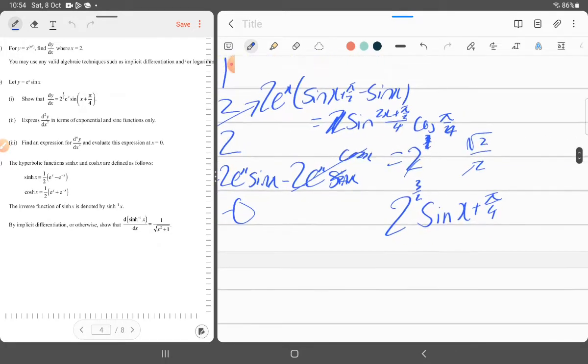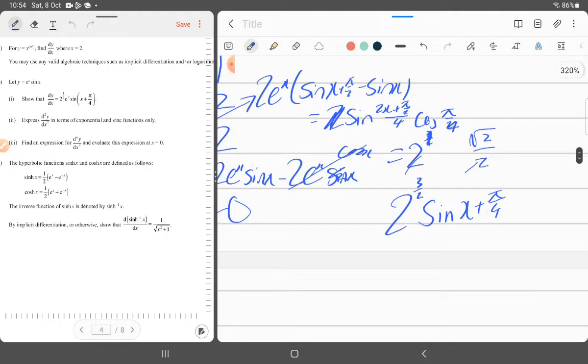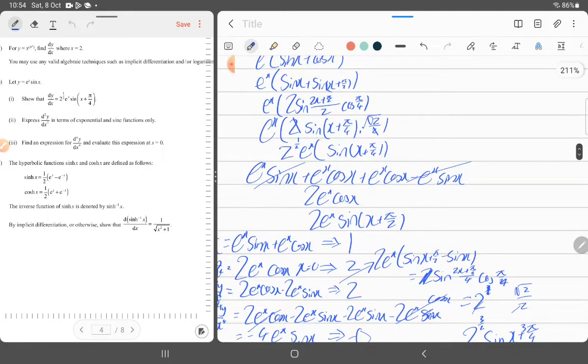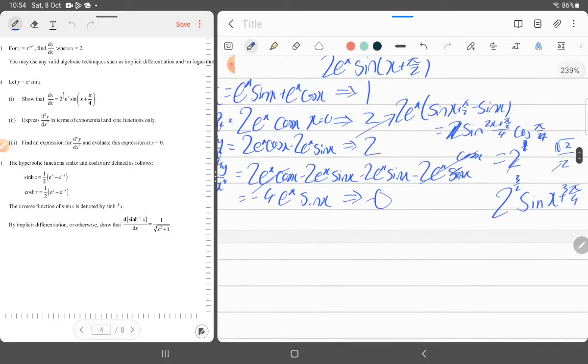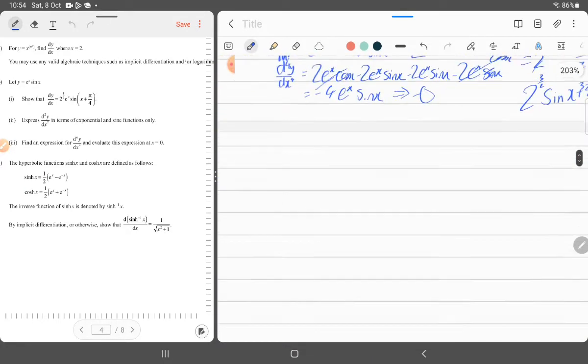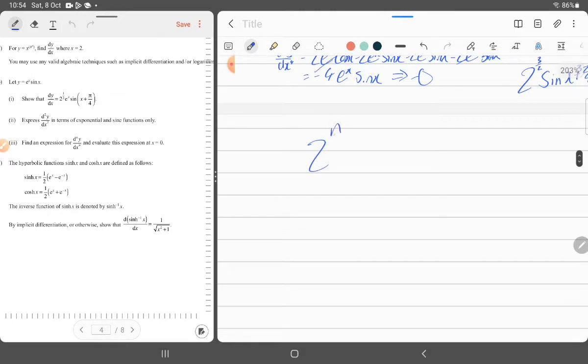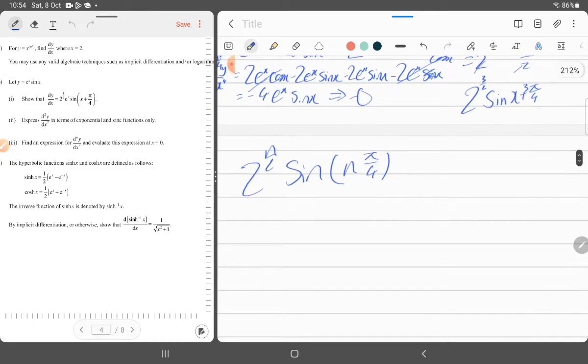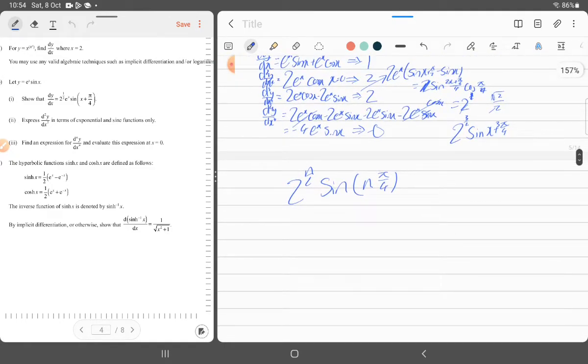Right, surely it turns into 3 pi over 4, because here to here is, surely it's like 2 to the power of n over 2 sine brackets in pi over, surely it's something like this.